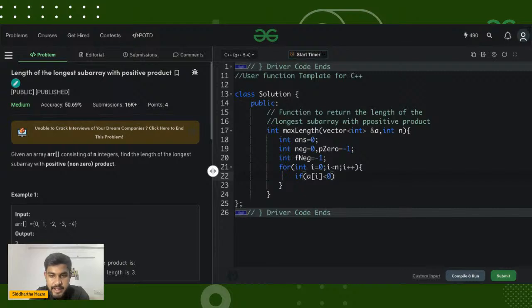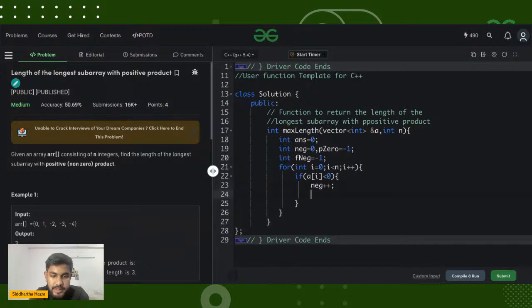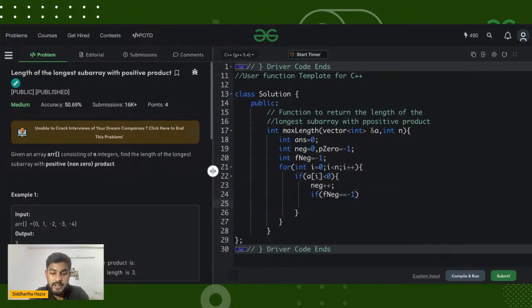If it is a negative value, then we would increase the count of negative. If it is the first negative, that means the first time we are seeing a negative value, then we need to update it. So we would say first negative is equal to i itself.